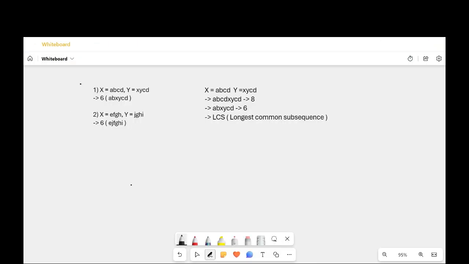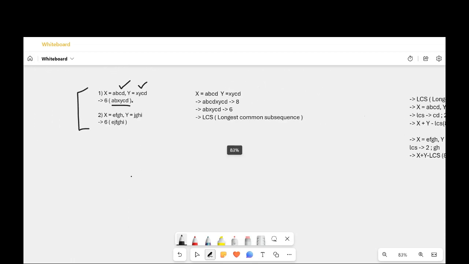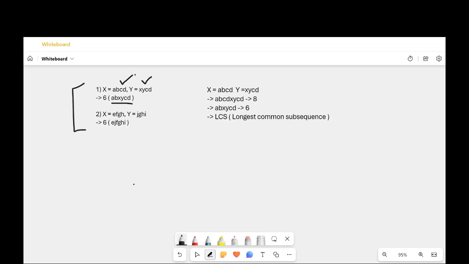So, what exactly is a supersequence? For example, we have x equal to abcd and y equal to xycd. What is the shortest common supersequence that we have? That is abxycd. Why this? Because this particular string of length 6 has both the strings x and y as a subsequence. Basically abxycd contains all the x characters and y characters in the same order.